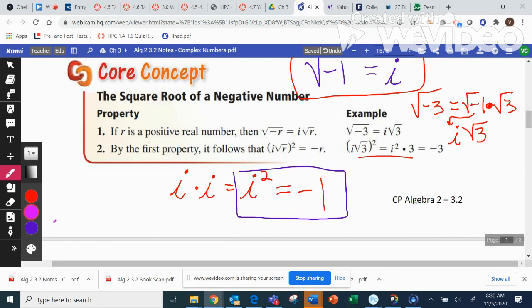Anybody know what i to the third is, using the information I just gave you? So i squared is -1. So what would i to the third be?